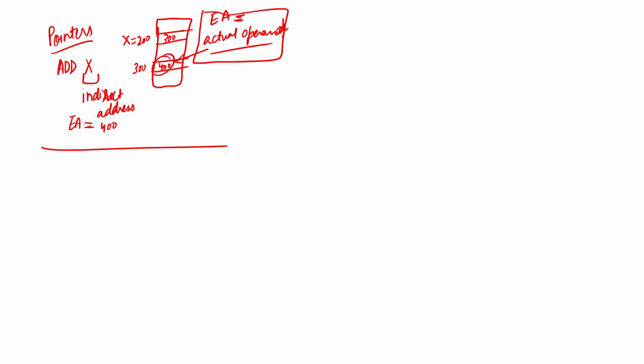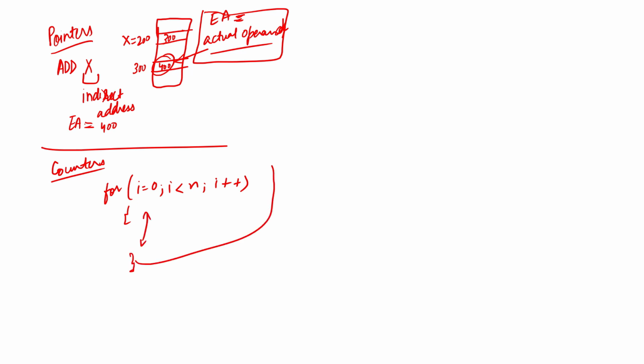Now the counters. How are counters handled by the addressing mode? Suppose there is a for loop: I equal to 0, I less than n, I plus plus. After all the statements inside, I want to do I plus plus every time.